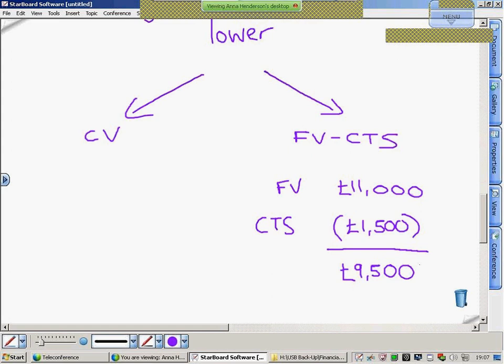So we need to think about, is carrying value lower or higher? To get to the carrying value, we need the cost, which is 1,000.